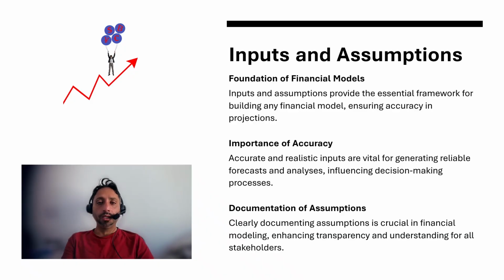Then the assumptions: when you are selecting an input, you have to make certain assumptions. Think of it like your aim is to make a smoothie, and you want a smoothie made just of strawberries and kiwis.